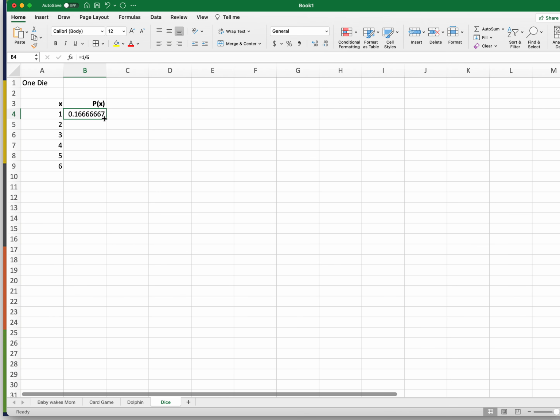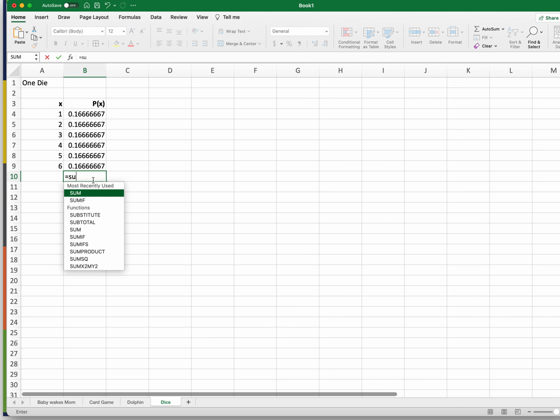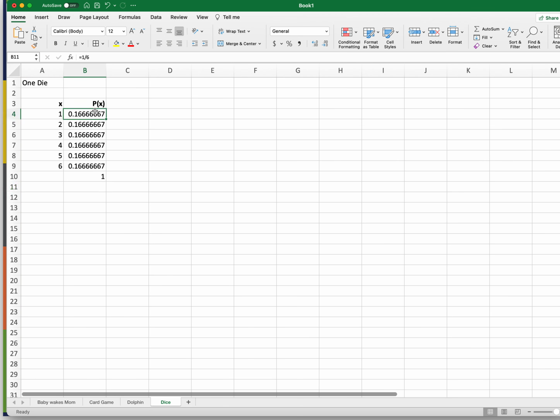It never changes. I expect each one to be equally likely. There's only one way of rolling a 1 out of 6 possibilities. There's only one way of rolling a 2. And if I add all these up, what do I get? I should get 1. The sum of 1/6 six times should be 1. And it is.